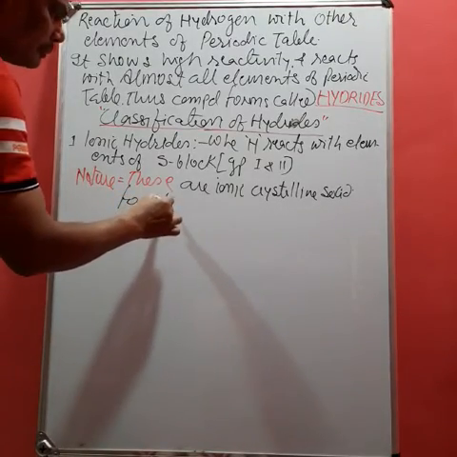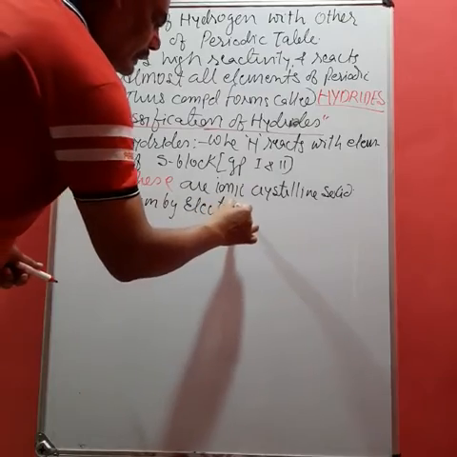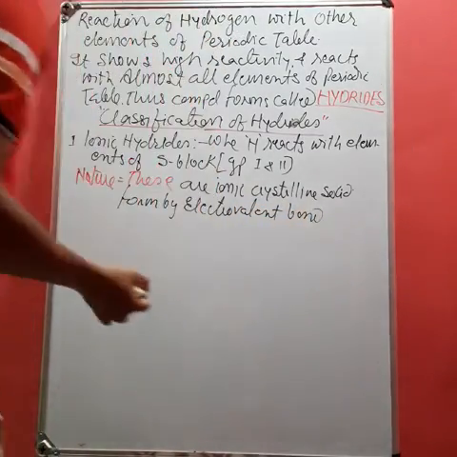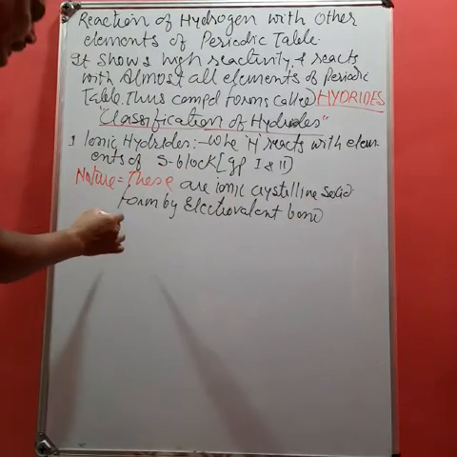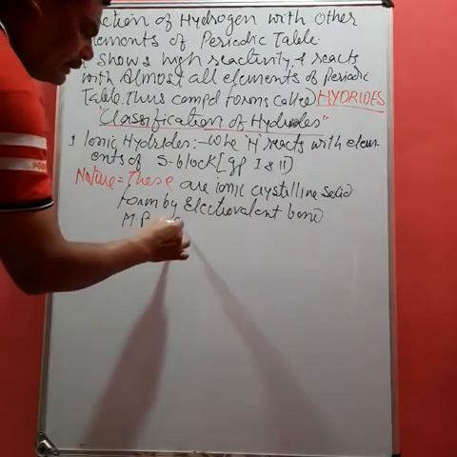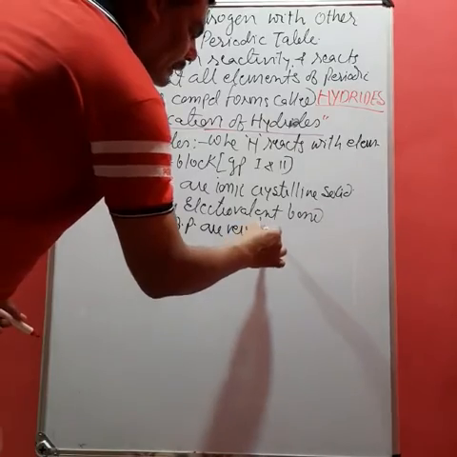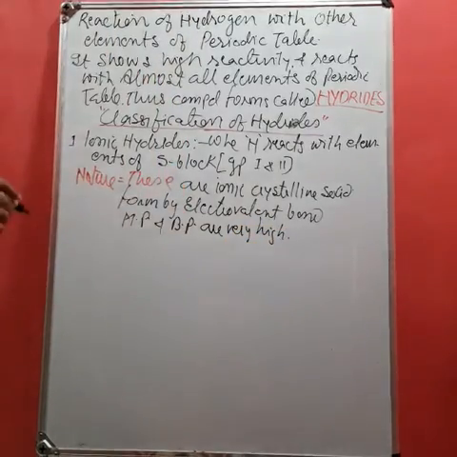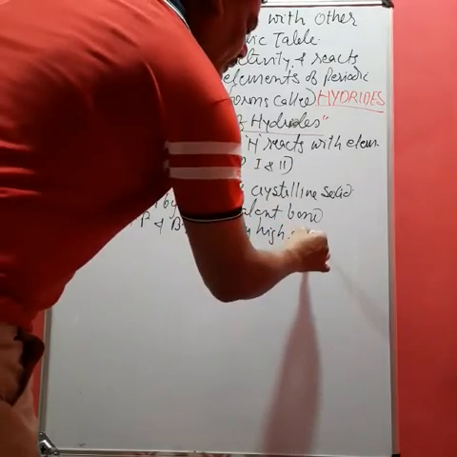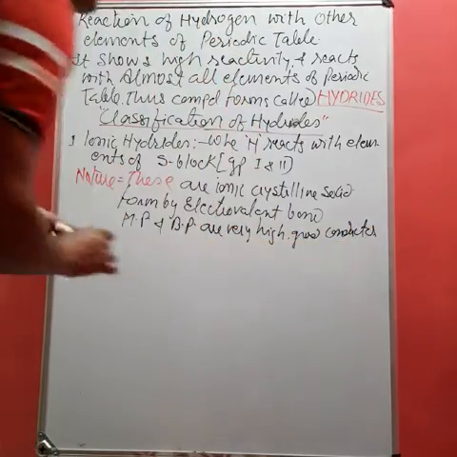Formed by electrovalent bonds. Now, since they are ionic solids, their melting point and boiling point are very high. And they are also good conductors. Now, can you give some examples?